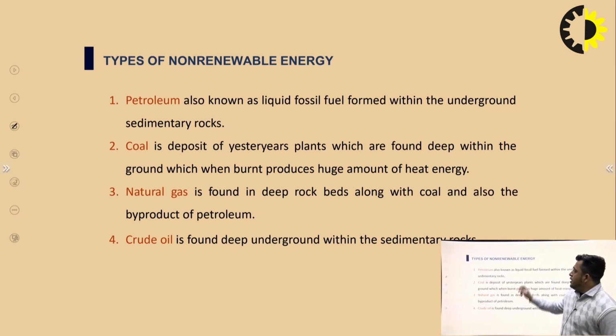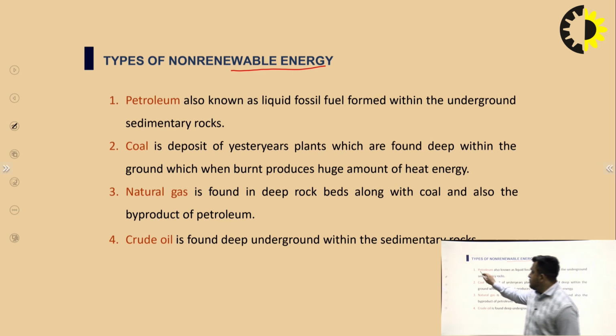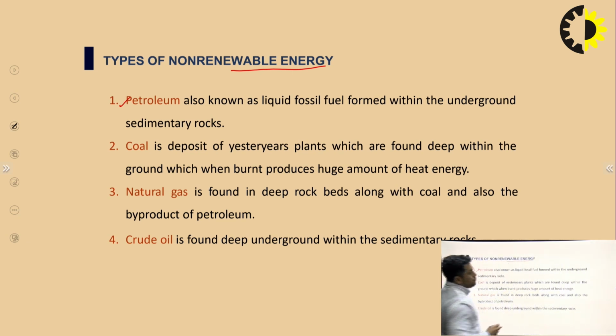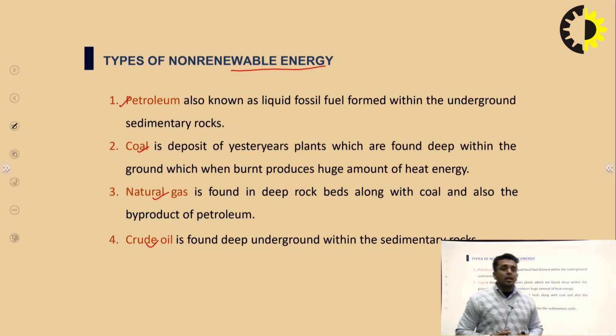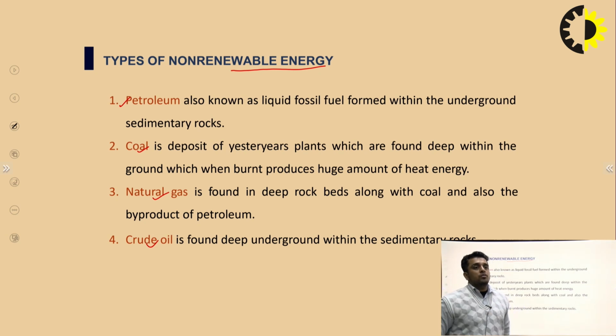Now what are the different types of non-renewable energy sources? Non-renewable energy sources include petroleum, coal, natural gas, and crude oil. As I told in the beginning, the current data says that the world has consumed 80% of this energy.